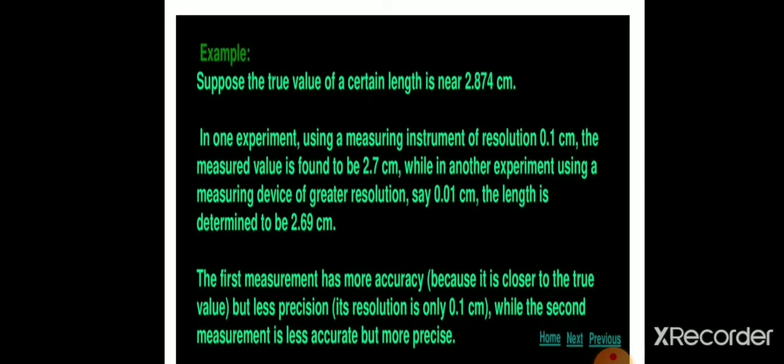For example, suppose the true value of a certain length is 2.874 centimeter. In one experiment, using a measuring instrument, the measured value is found to be 2.7 centimeter, whereas by using another instrument, the length is determined to be 2.69 centimeter.